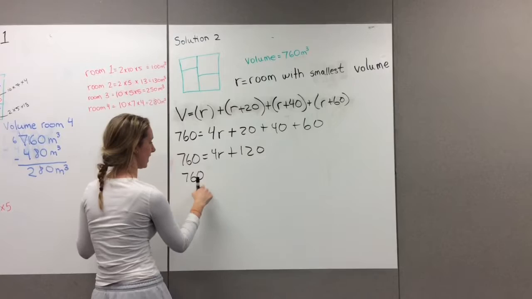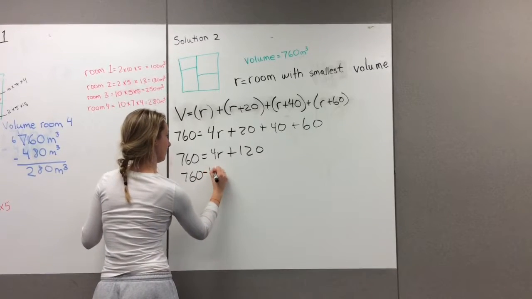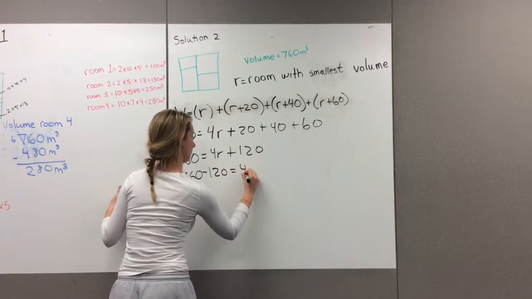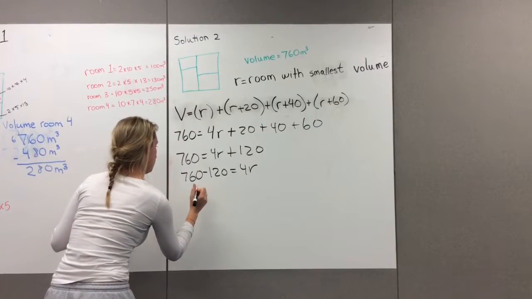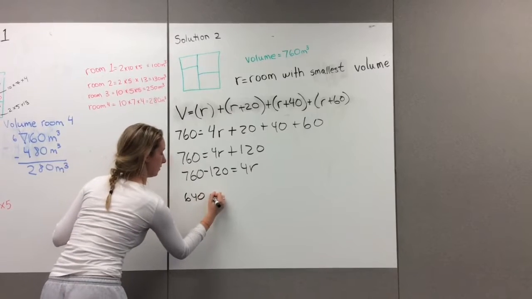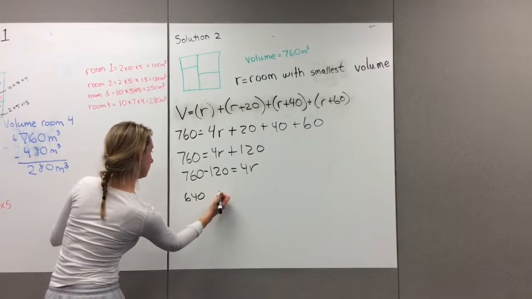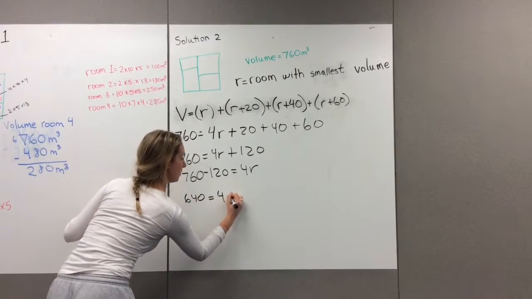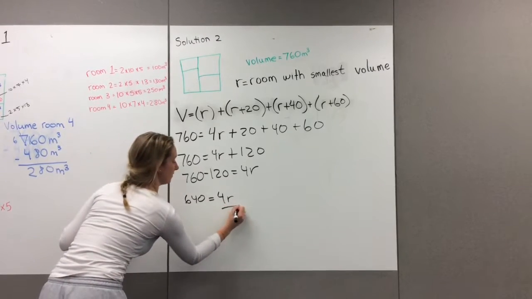I'm going to bring this to this side, so 640 equals 4R. So I'm going to divide by 4.